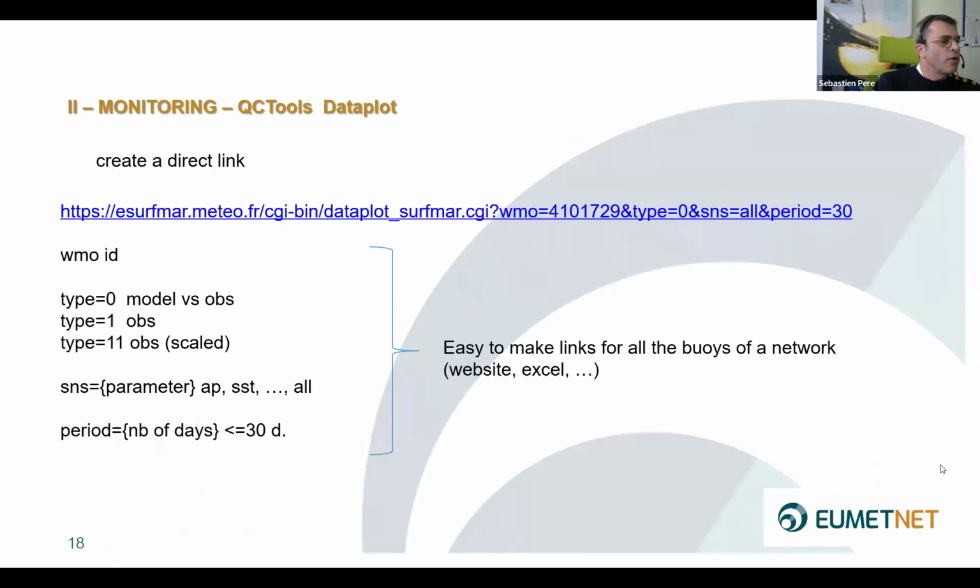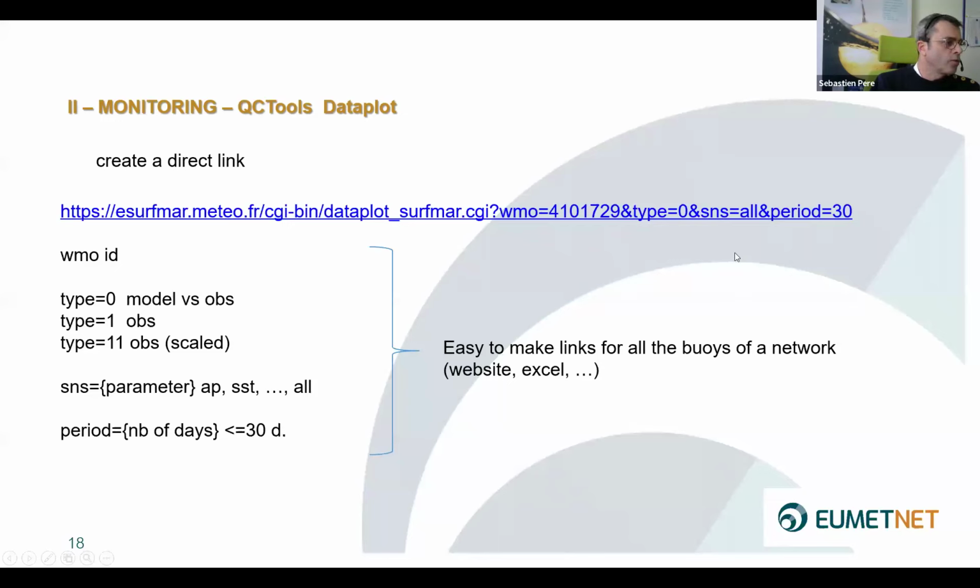Like I said before, very easy to create a link to your platform. In fact, when you see the web page address, it's very simple. Here you've got your WMO ID. Here the type of information you want, so model versus observation, or only observation scaled.